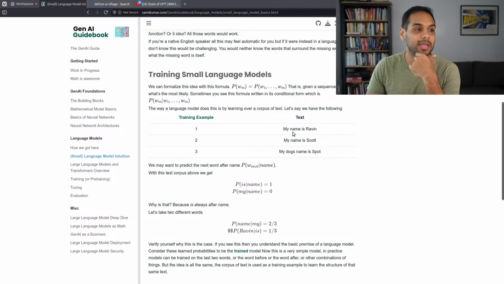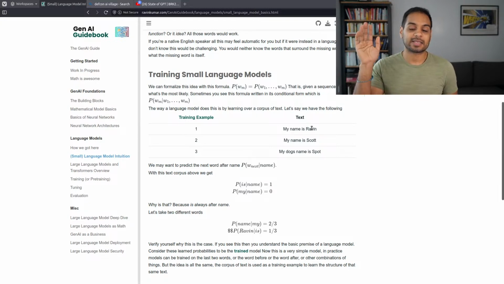We take this word and we look ahead, and we take this word and we look ahead. And that's the way we learn language. The training examples are constructed from the text corpus itself, which is super fascinating, actually. You don't have to see the classical output variable and input variable, or independent variable and dependent variable. The language corpus itself constructs these sets.